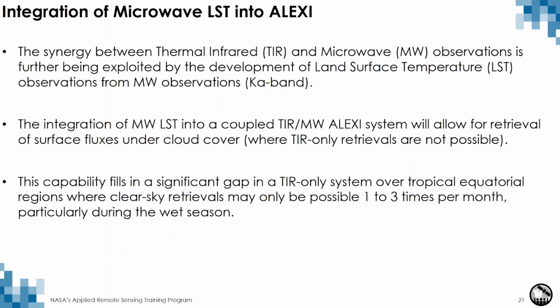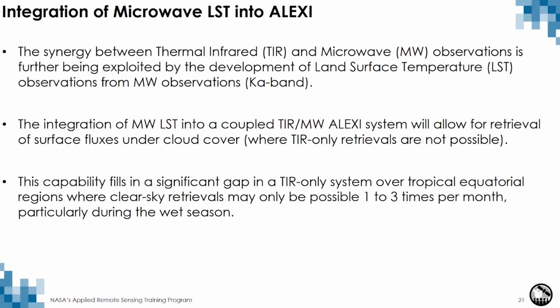So one other thing, this is something that's been an important integration of a new observation into our modeling system. Our method really does rely on the thermal infrared wavelengths to measure land surface temperature. So these only allow us to measure land surface temperature and subsequently evapotranspiration when there are no clouds.